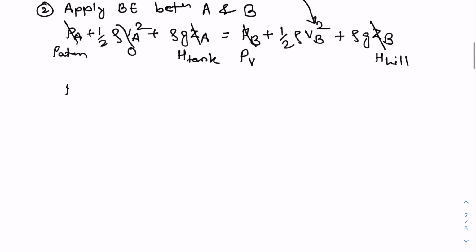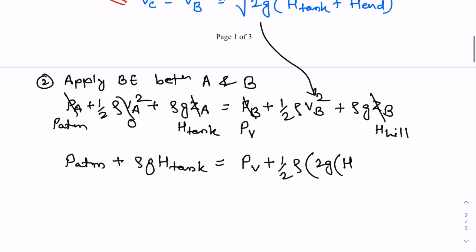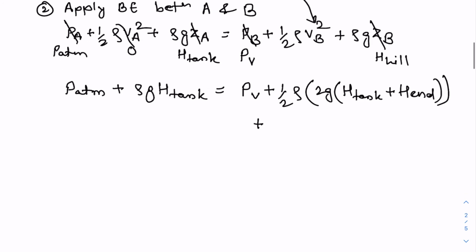So Bernoulli equation between points A and B gives us PATM plus rho G H tank equal to vapor pressure plus half rho 2G times H tank plus H end plus rho G H hill.